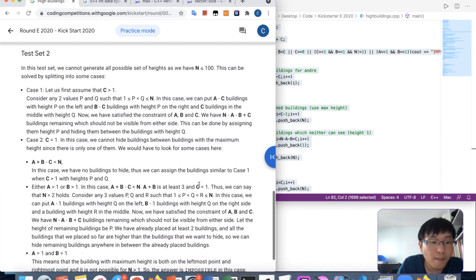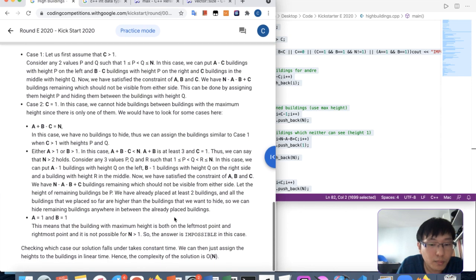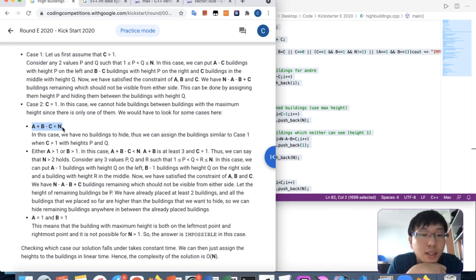Okay, c equals 1, we cannot hide the buildings behind buildings. Okay, A plus B minus C equals N, no buildings to hide.